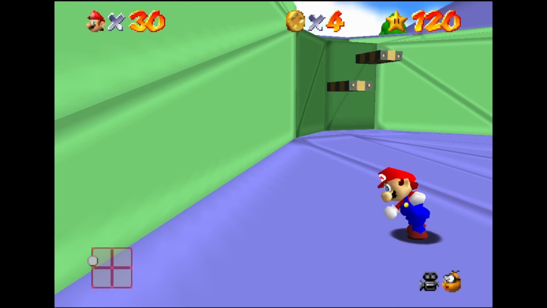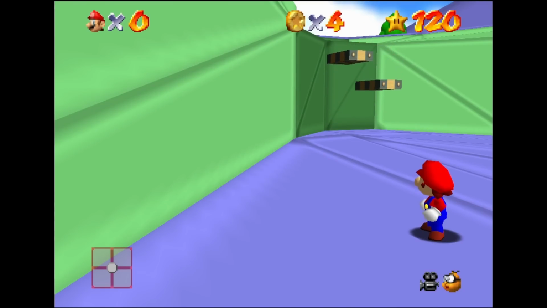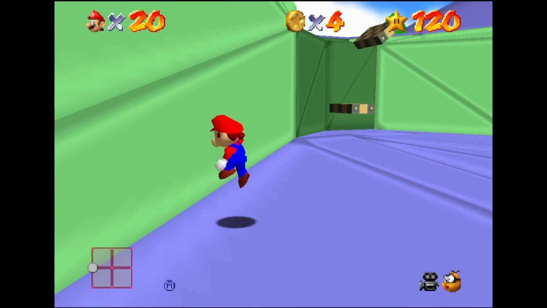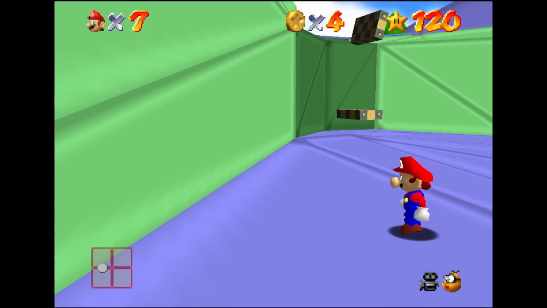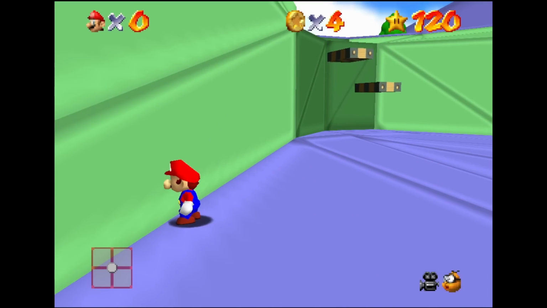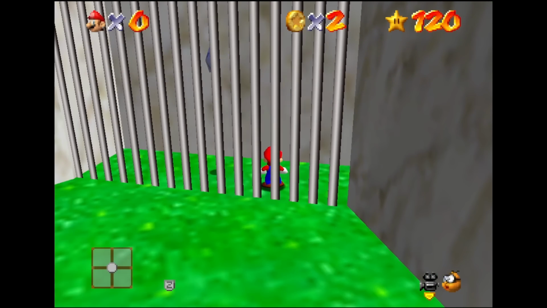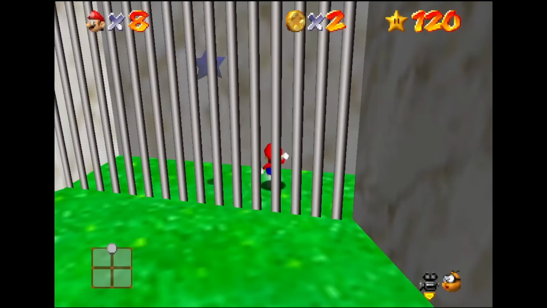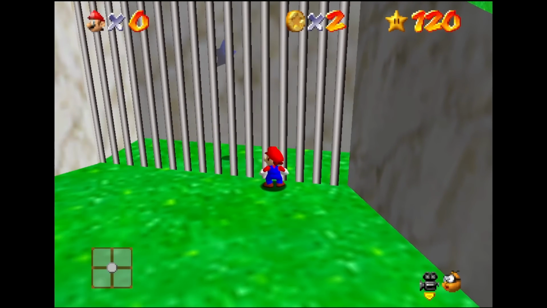If our speed's above 38, we hard bonk. Else if our speed's above 16, we soft bonk. And if our speed's below 16, our speed's set to 0. When we go through this wall backwards, we're facing the wall, but our speed's negative, so it's below 16, and that's why our speed gets set to 0.